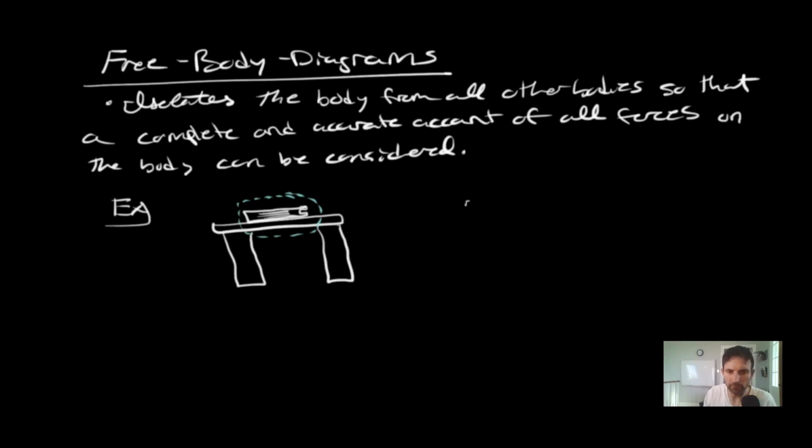So if I just draw the book by itself, I know that the weight, or the mass times the gravity, is acting on that book. I know that a normal force is acting on that book. And that is the only thing that's happening with it just sitting on the table there. I have two forces, equal and opposite, the normal force and the weight. This is a very simple, but still it is a free body diagram.